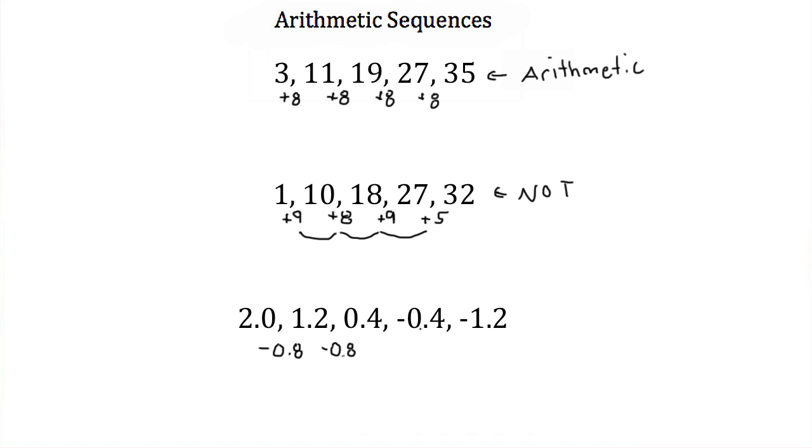And then from 0.4 to negative 0.4, again would be 0.8. And then from negative 0.4 to negative 1.2, again, we would subtract 0.8. So this third sequence is an arithmetic sequence.